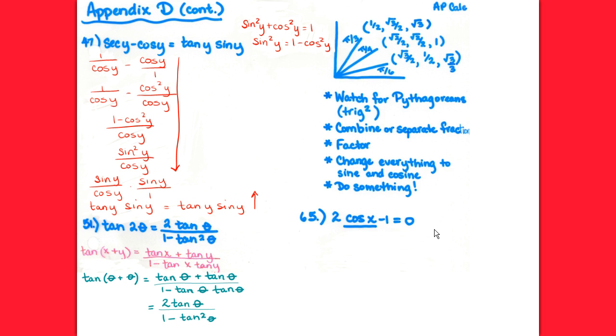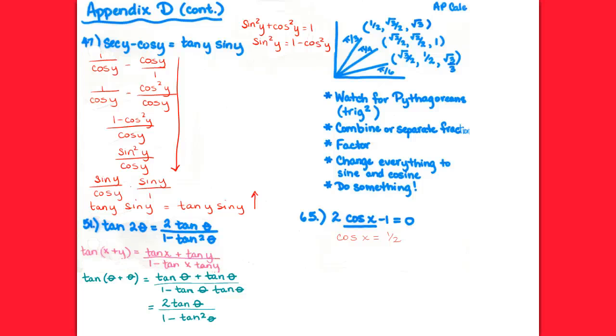If I'm trying to solve a trig equation, I'm going to get x on one side by itself and everything else on the other side, typically with an equation. But in this case, cosine is attached to x, so I want to get cosine x on one side by itself, everything else on the other side. So how do I do that? Add 1 and then divide by 2. So now I've got cosine equals 1/2.